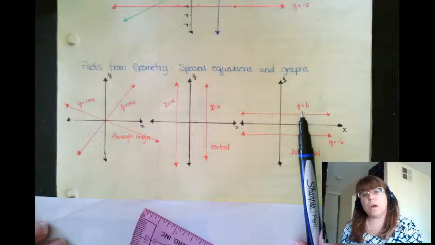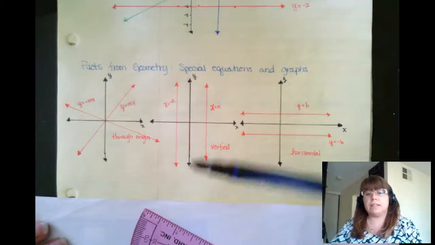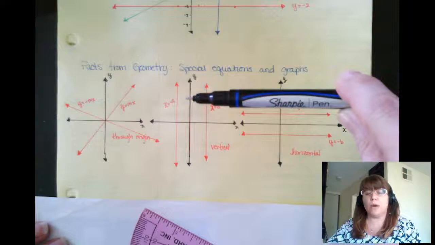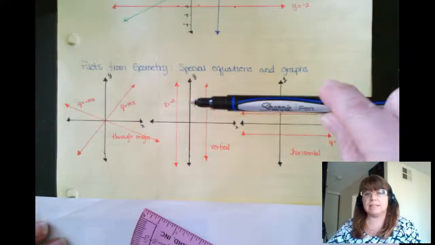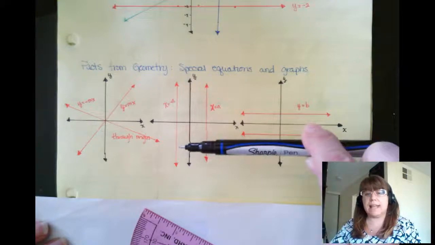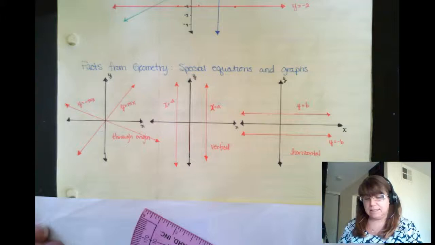Now let's think of y equals b. That means it's a horizontal line above the x-axis. If it's negative, it's below the x-axis, and if it's 0, it's the x-axis.